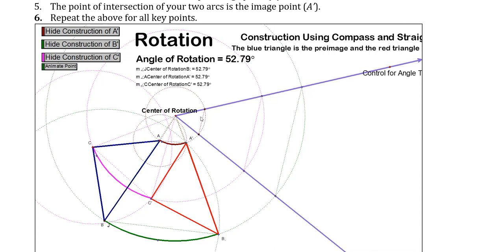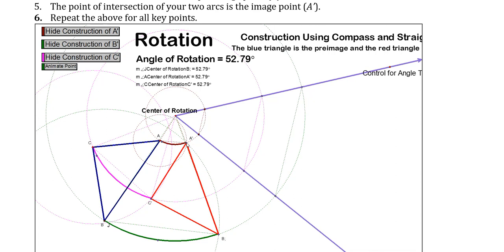Just measure across here with your compass and measure that circle out from A. If we were rotating in the negative direction, clockwise, it would be this point right there where those two circles meet. But in this case, we're going in the positive direction, and it's where this circle and this circle meet, right there at A prime.